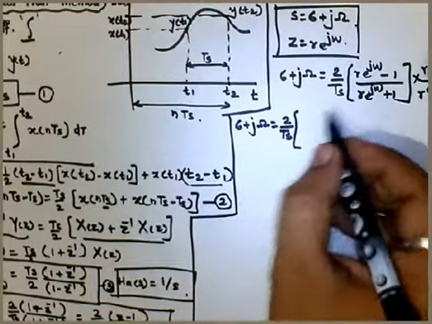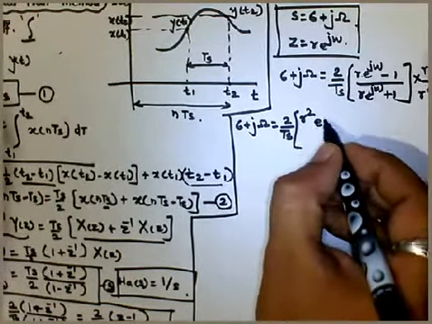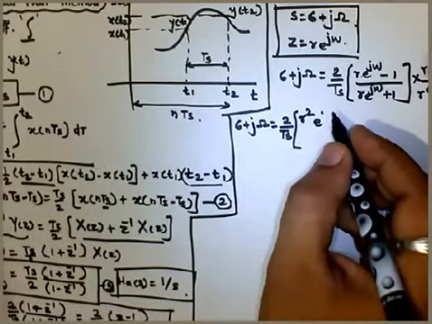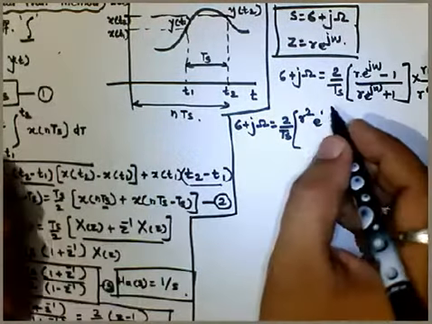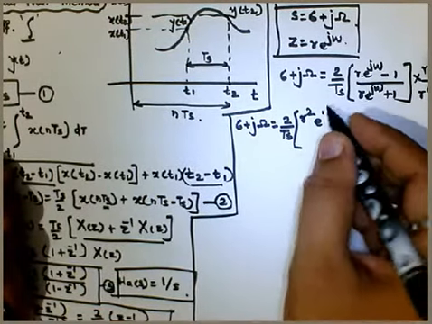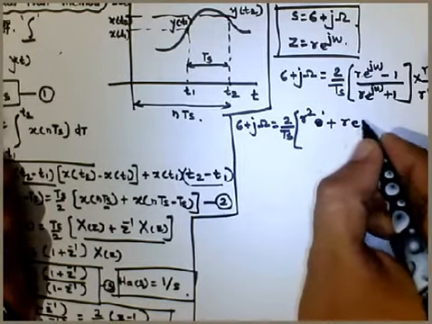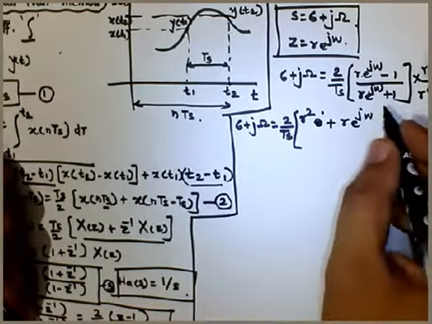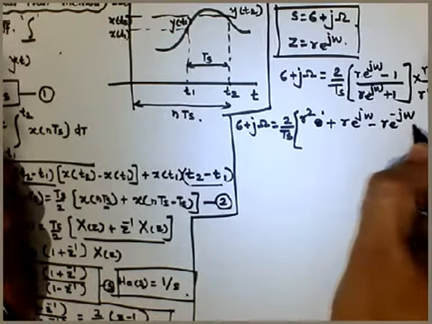Now the numerator is simply multiplied out, so it becomes R square e raised to j omega into e raised to minus j omega. So this will ultimately be R square plus R e raised to j omega minus R e raised to minus j omega minus 1.